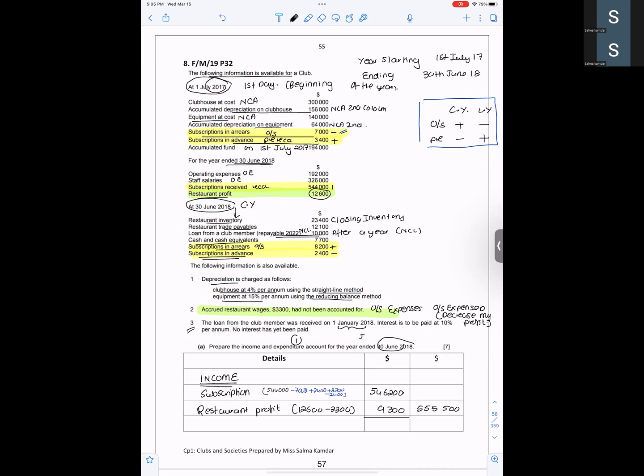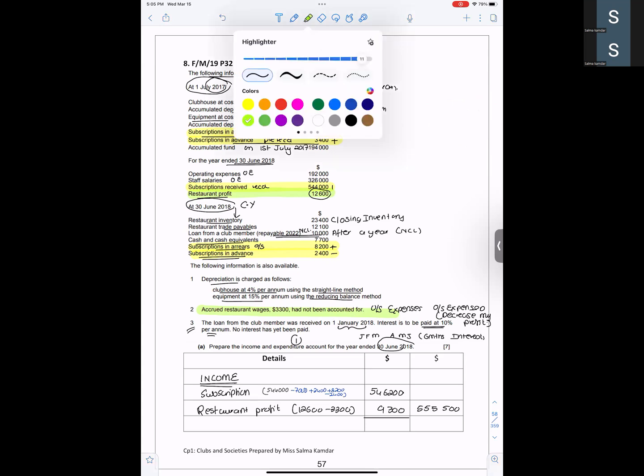That means from Jan, Feb, March, April, May, June, I will have to remove 6 months interest on this loan that I have taken, and this interest is to be paid at 10% per annum. So let's account for all the expenses that we know of. First expenses that I would see over here is the depreciation. Let's finish it off.